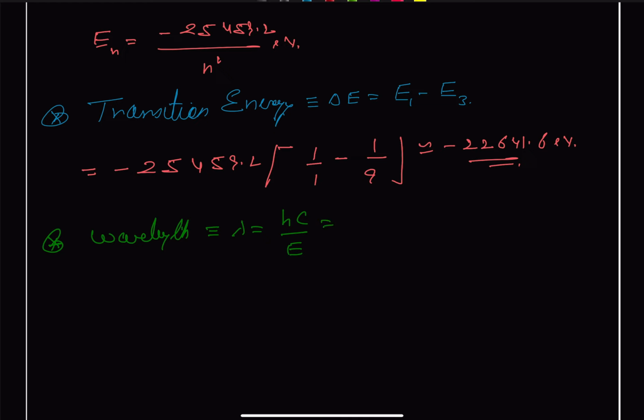So hc we already know, the product value is 12400 electron volt angstrom, and the energy is given to us, that is 22641.6, approximately coming as 0.5479 angstrom.